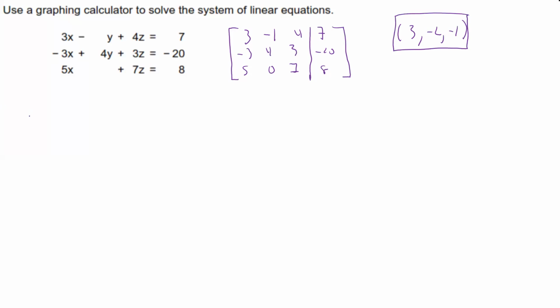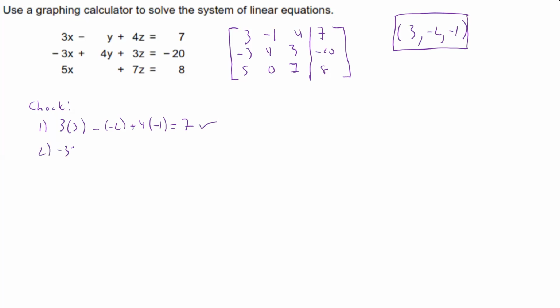Okay. Now let's go ahead and again check to make sure we typed it in the calculator right, because if we typed anything wrong here, it'll give us an answer, but it might not be the answer to these. So what we have is 3 times 3, and then we have minus y, which is going to be a minus 2, plus 4 times a minus 1, and that's supposed to be 7. So we have 9, 10, 11, minus 4 is 7, so that looks good.